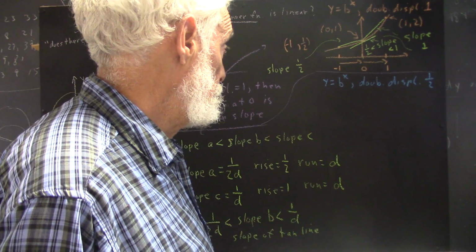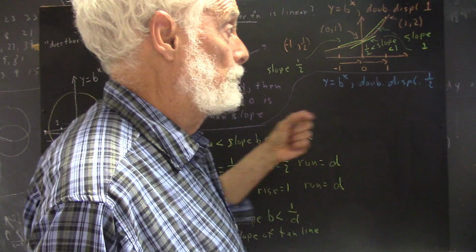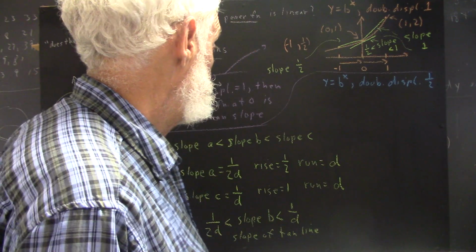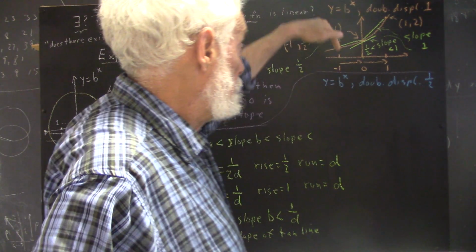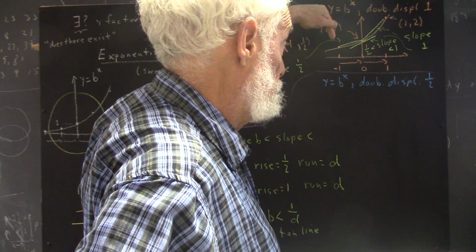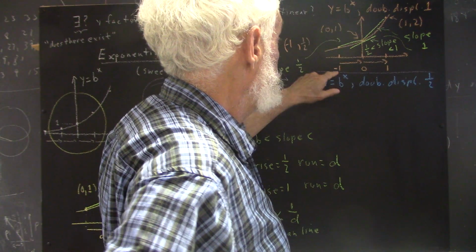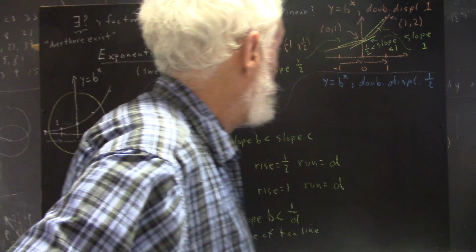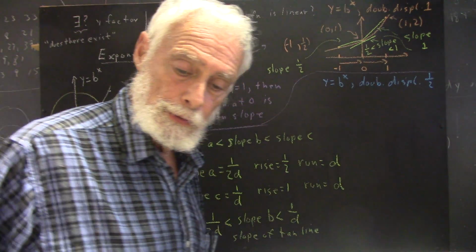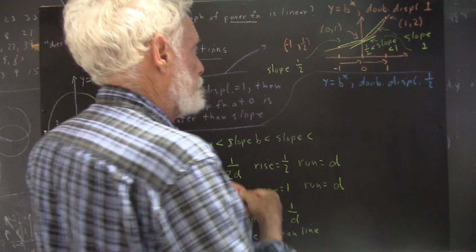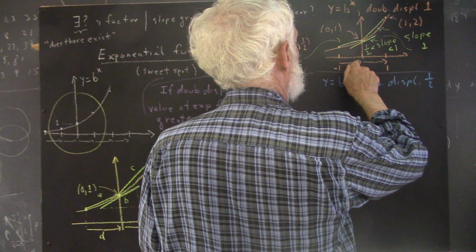And I'm going to stop the video here and ask you to construct it before you look at the next video or read any of the information I've given you. So you're going to do the same thing here, but your doubling displacement is going to be 1/2 instead of 1. So, I could write a little number on the doubling displacement here.